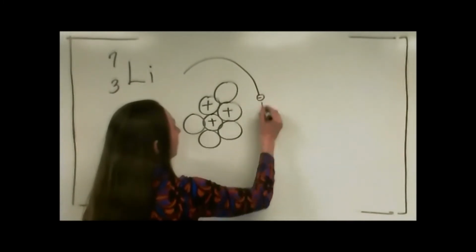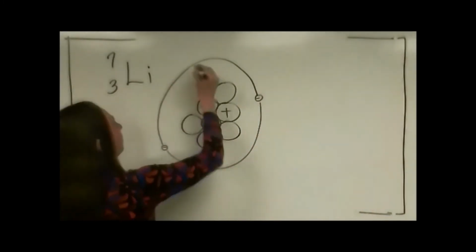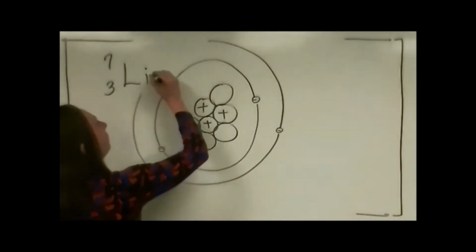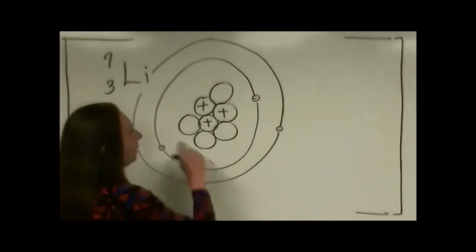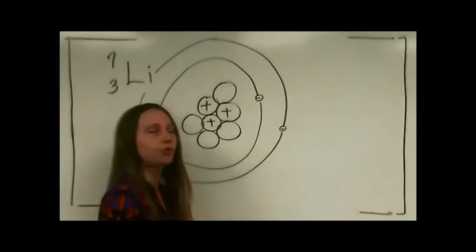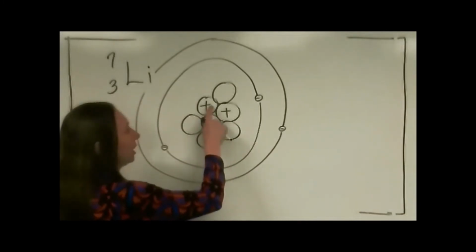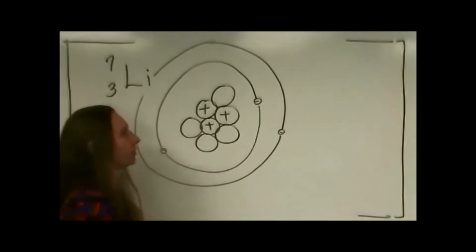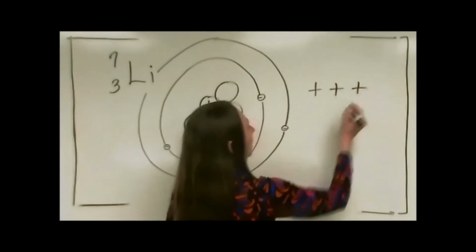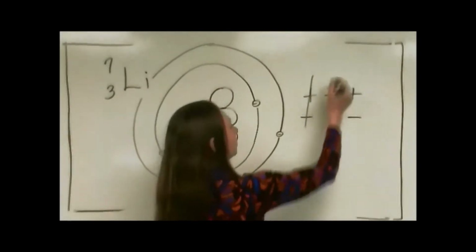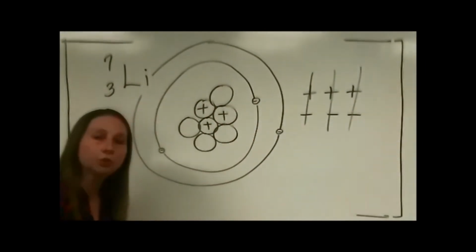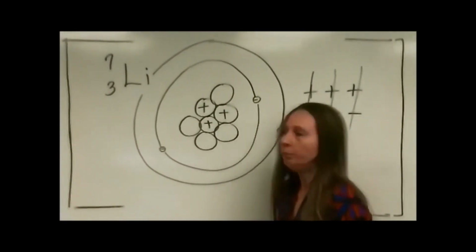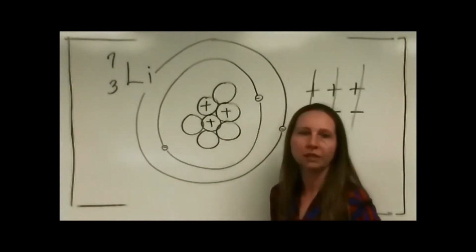Here's 2 electrons in the first shell of lithium, and here's 1 electron in the valence shell of lithium. So, an atom, by definition, is neutral because it has the same number of protons, 1, 2, 3, positives, and the same number of electrons, 1, 2, 3, negatives. They cancel, and the atom is neutral. So most of the objects around you are neutral because atoms have the same number of protons and electrons.